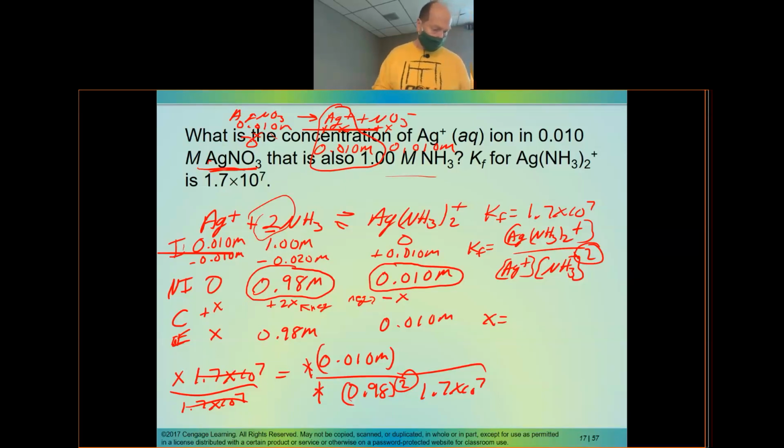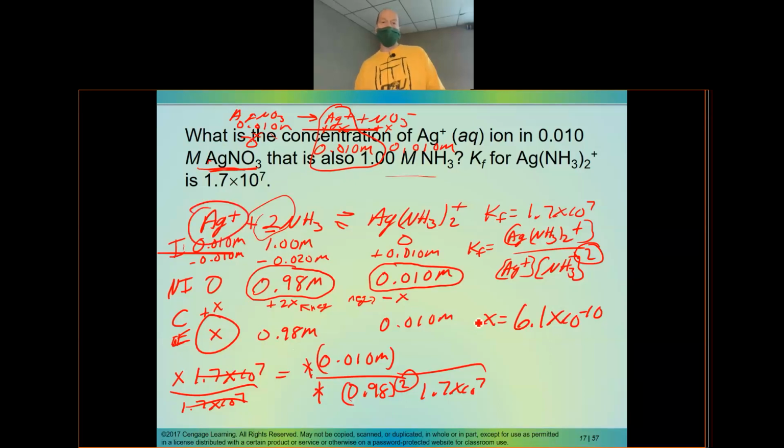That gives us 6.1 times 10 to the minus 10. X is the concentration of Ag+, and that was the question. What is the concentration of Ag+? And so your Ag+ concentration is 6.1 times 10 to the minus 10 molar.